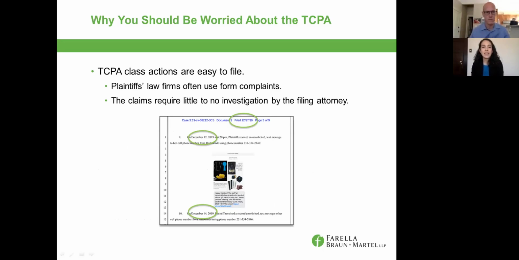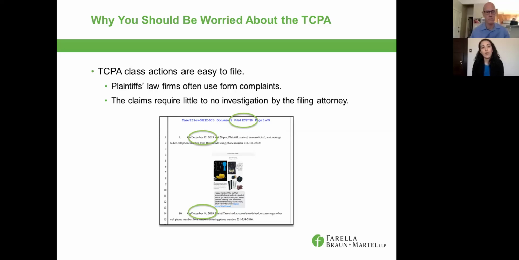One thing about TCPA class actions that plaintiffs' lawyers love is that they're very easy to file. You don't need a lot of facts before you file a case. You just need to know that somebody received a text message and that they claim they didn't consent to it.